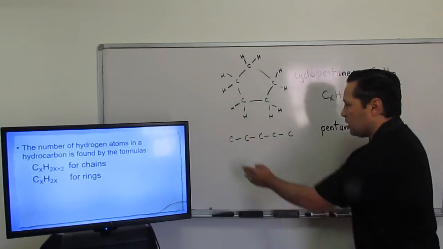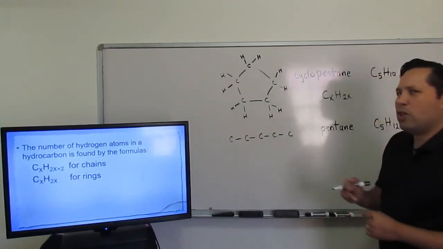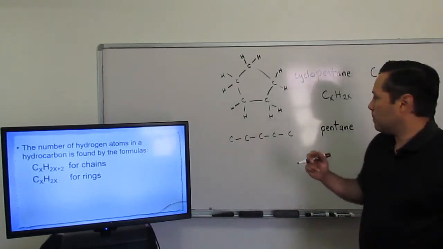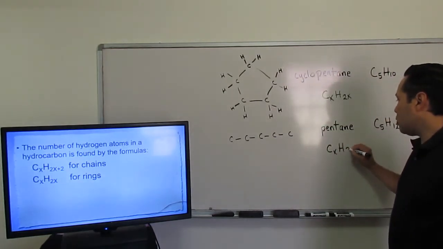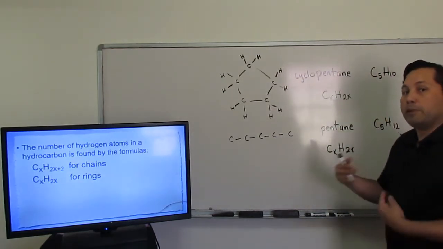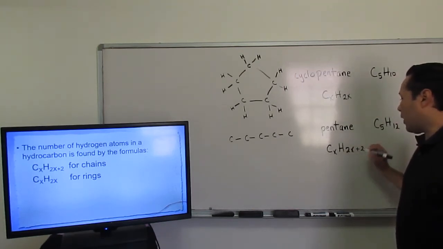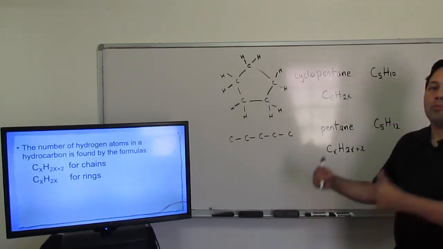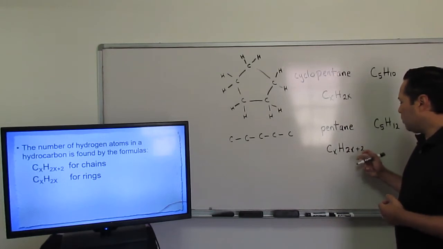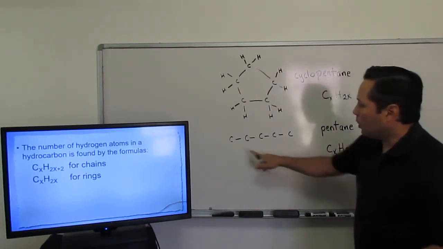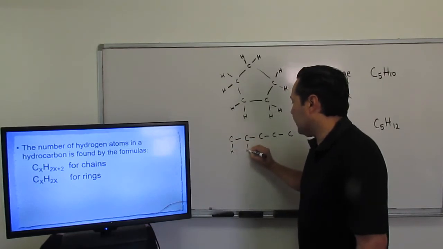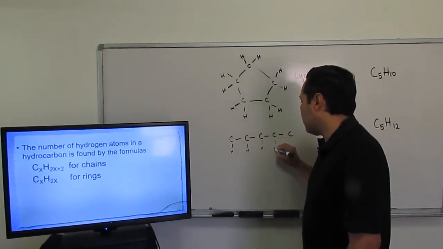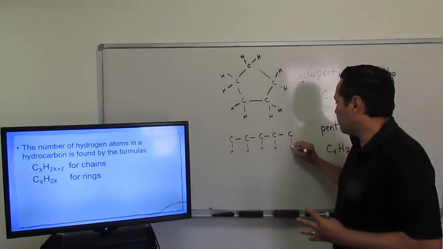On the other hand, what about the chains? That has a slightly different formula. Whatever the number of carbons is, the hydrogens will be double plus 2 more. Why the plus 2? Let's take a look at this formula. I'm going to add hydrogens. Again, each carbon atom can have 4 bonds.